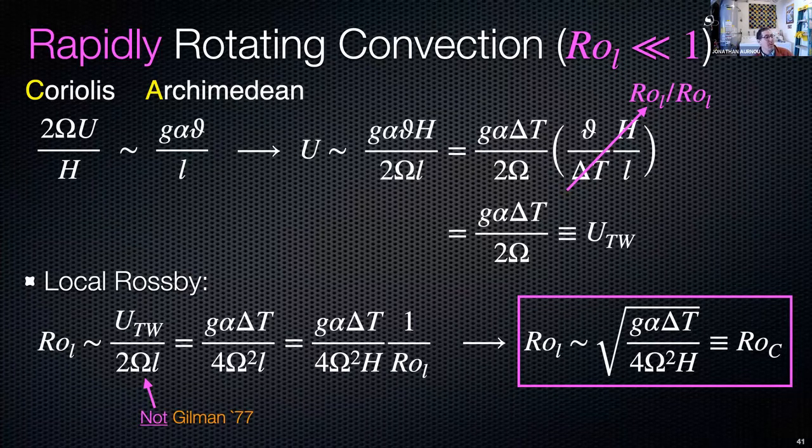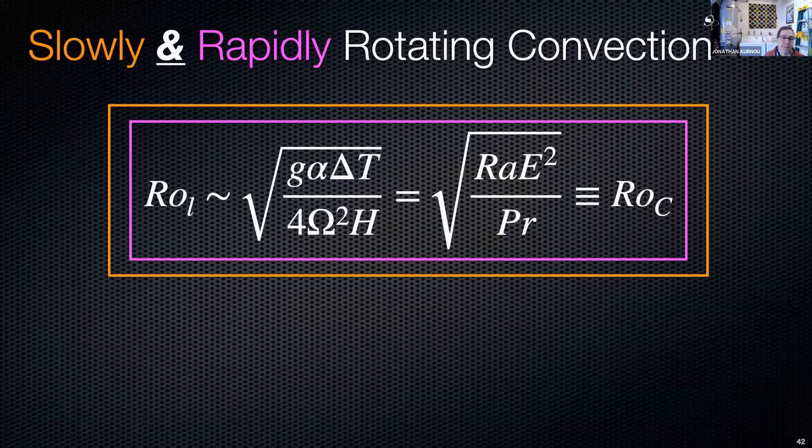Our ROL, as we've defined it on the left-hand side, is not U free fall over 2 omega H. In the rapidly rotating limit, that's not right. We should be thinking of the local Rossby number as U thermal wind over 2 omega, some local scale L. And yet we still end up at ROC. Okay, so that's really interesting.